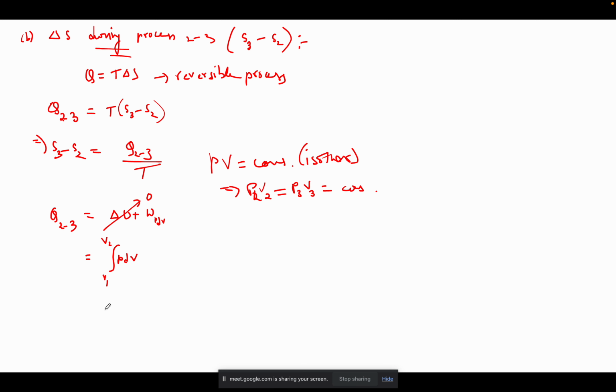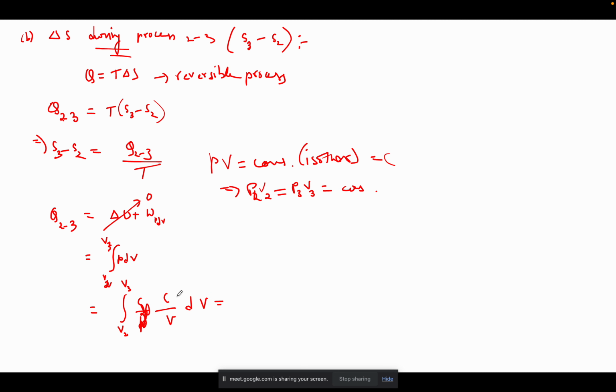So we write the integral from V2 to V3, and in place of P I can replace the constant, say C, so it will be C by V dV.